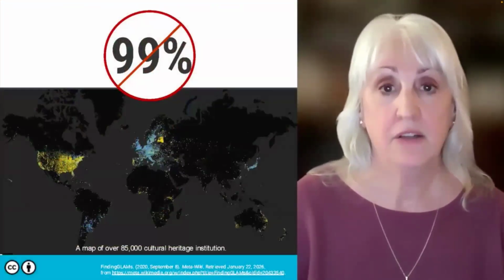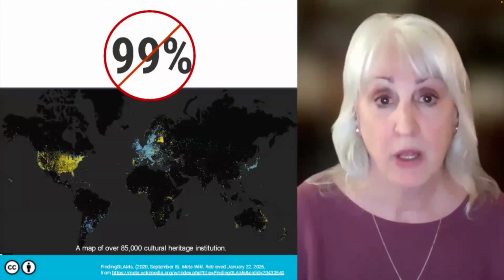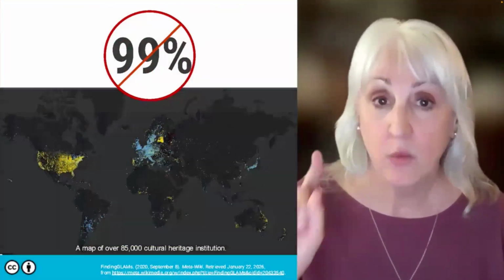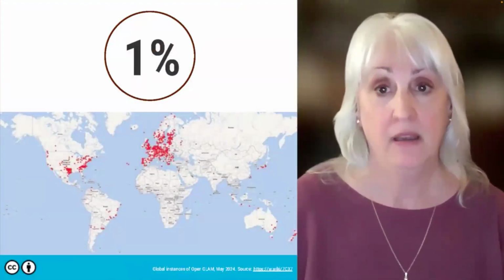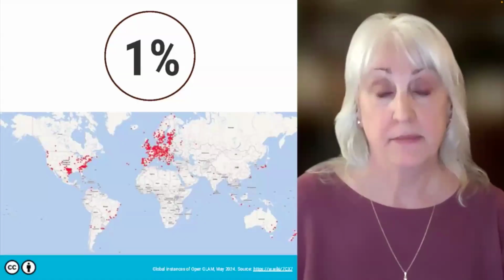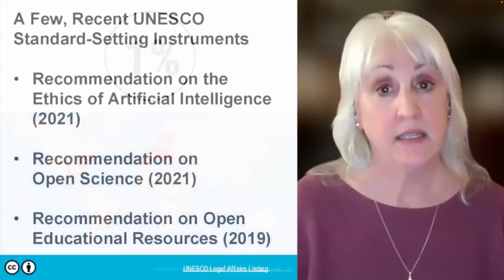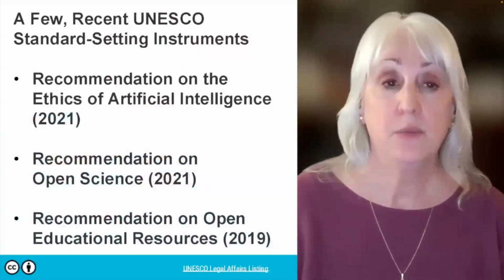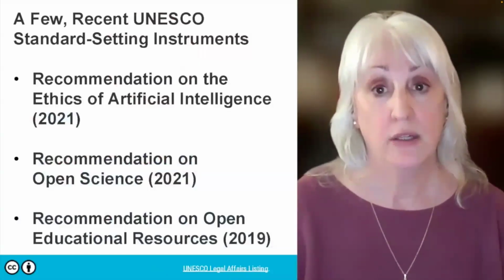99% of cultural heritage institutions worldwide don't have clear open access policies. That means only 1% actually share their collections openly, free for anyone to reuse for any purpose. Why? There is indeed a huge policy disconnect between the acknowledged need to protect access to heritage and what existing international law says.